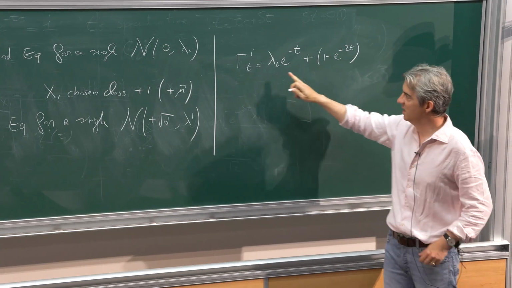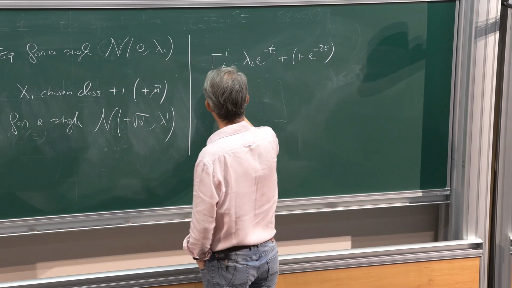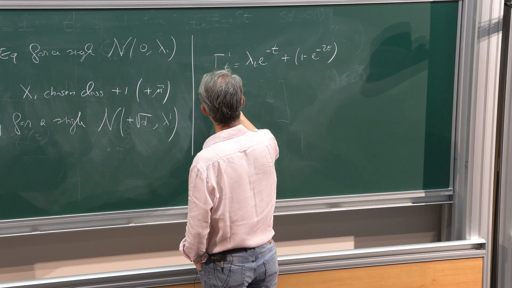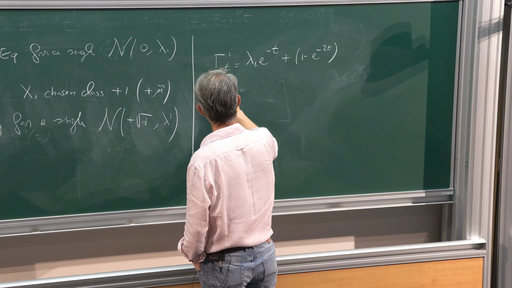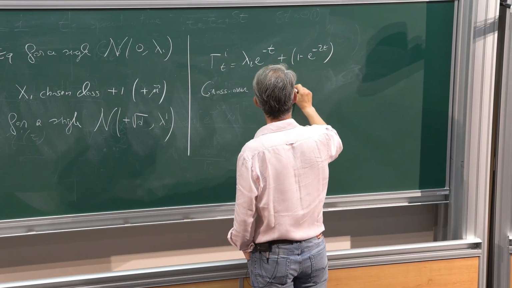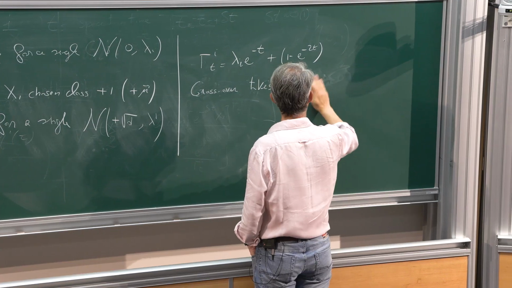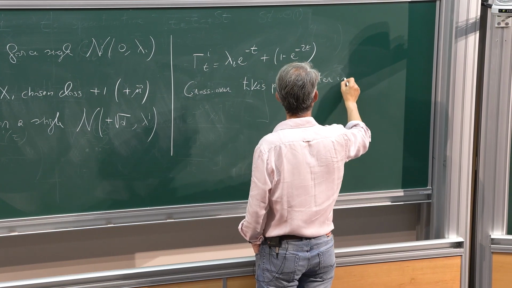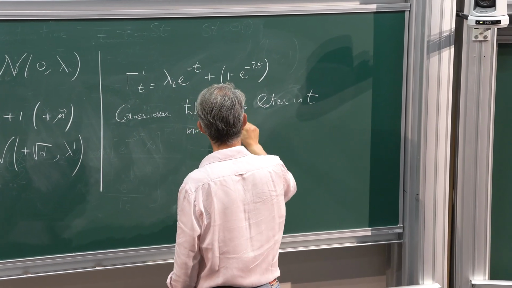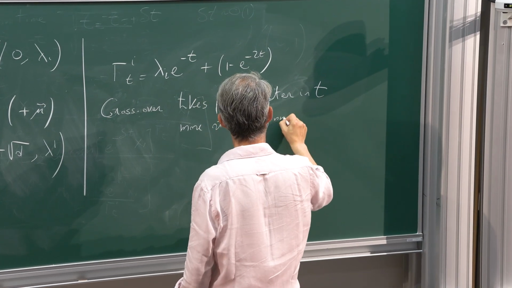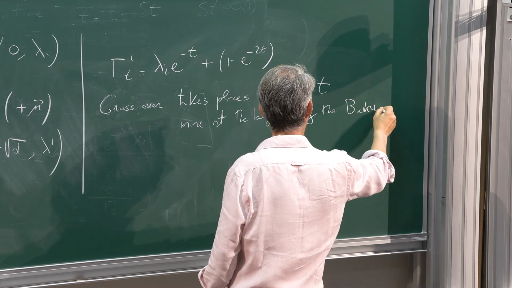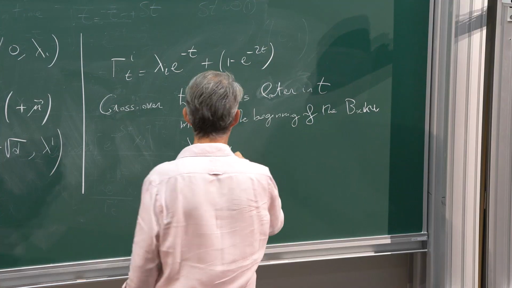So you see that if lambda I is very large, you will get a Gaussian, you will get the crossover taking place later in t, which means at the beginning of the backward process, if lambda I is much larger than 1.